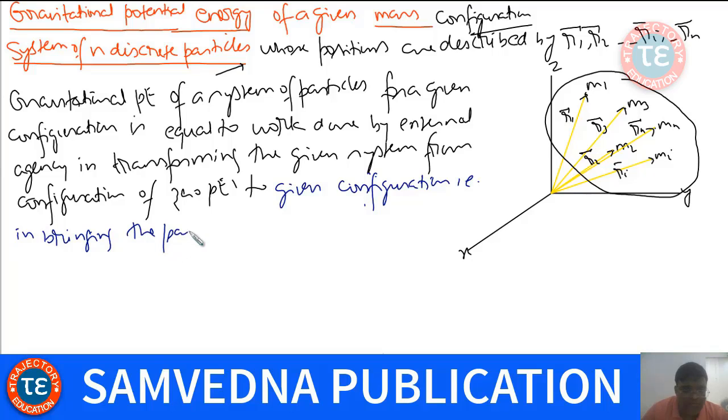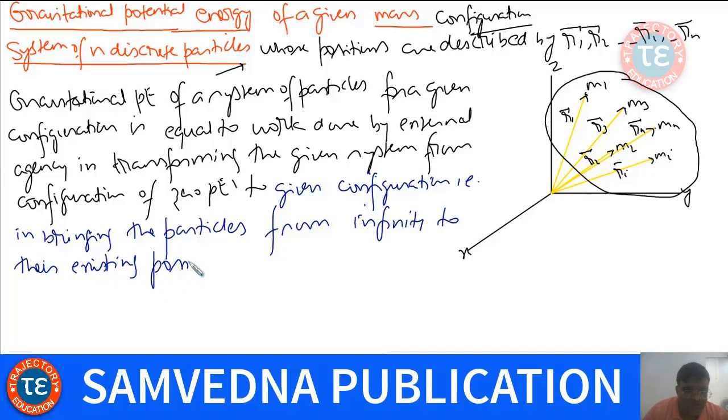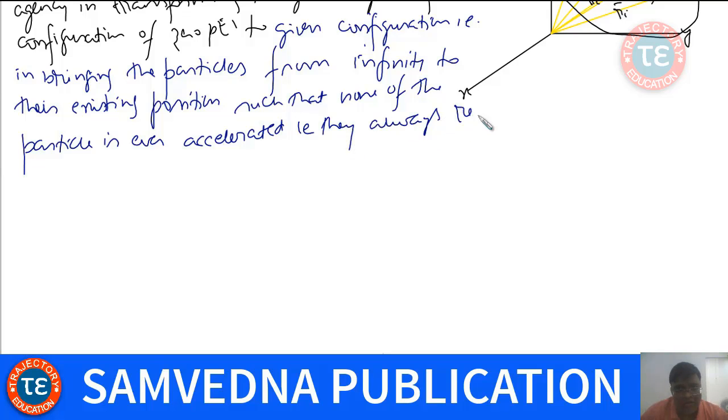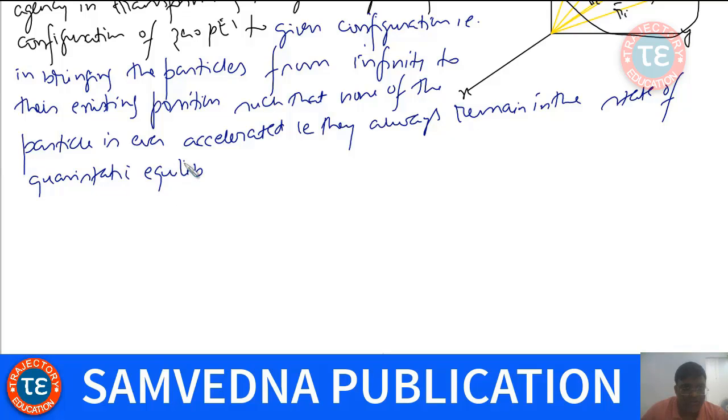By bringing the particles from infinity to the existing positions such that none of the particles is ever accelerated, or they always remain in a state of quasi-static equilibrium, is called gravitational potential energy.